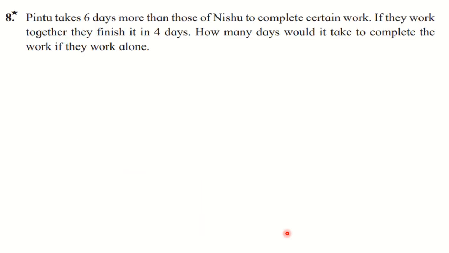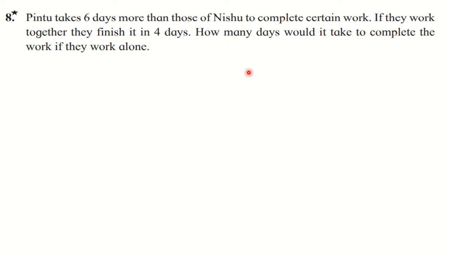Let us go further. Question number 8. Pintu takes 6 days more than Nishu to complete certain work. If they work together, they finish it in 4 days. How many days would it take to complete the work if they work alone? See, Pintu is taking more days, so Nishu is taking fewer days. So we have to start from here.